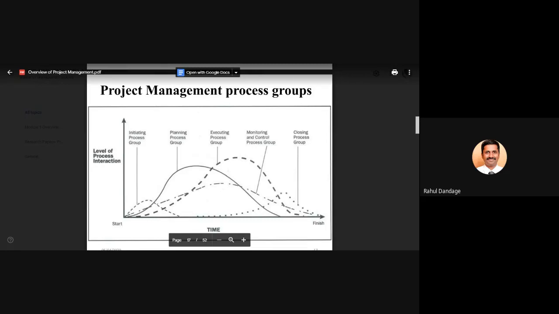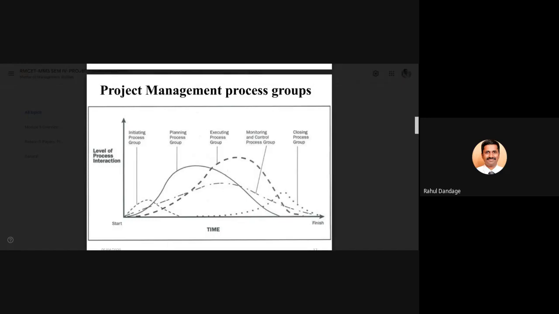You have x and y axis, with one parameter on the x axis and another parameter on the y axis, and we try to map the relationship between them, what happens to the parameter on the y axis with the changes in the parameter on the x axis. Similarly, in this diagram you can observe that on the x axis there is time, and on the y axis the parameter indicated is the level of process interaction.